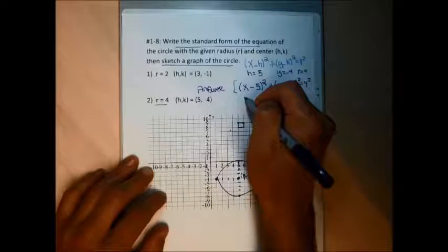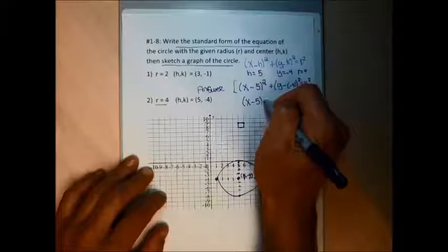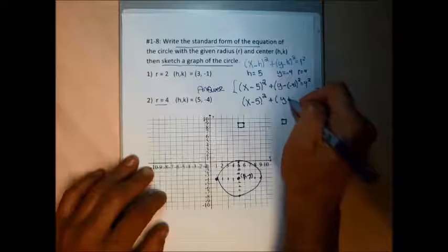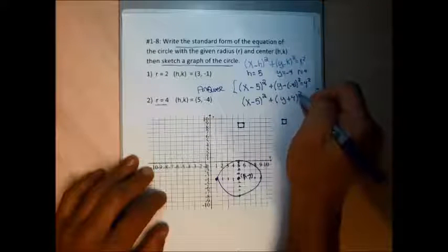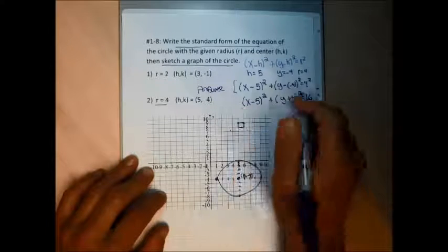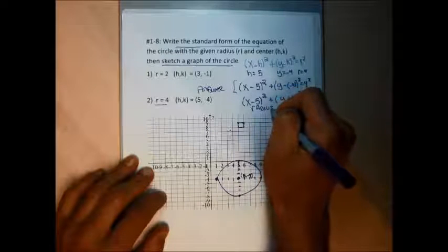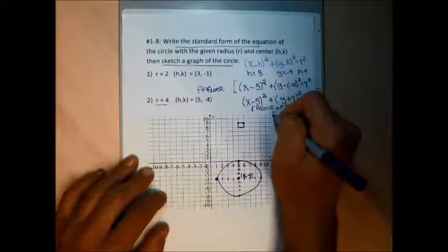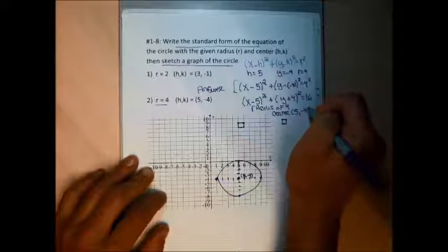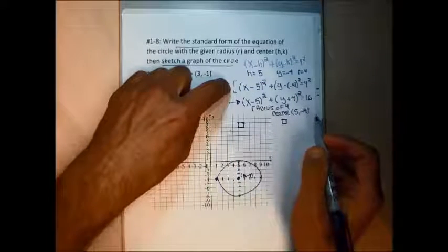So if I rewrite this as x minus 5 squared plus y plus 4 squared, getting rid of that double negative, equals 16, this is still a circle with a radius of 4 and a center of 5, negative 4.